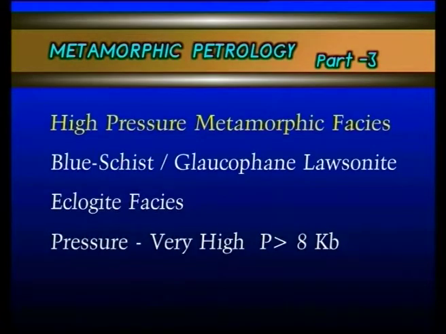And last is high pressure metamorphic facies, and in these facies normally we can find two facies. These are the blueschist facies, that is glaucophane lawsonite facies, and eclogite facies, and particularly in these facies pressure is normally very high, even more than 8 kilobar. So this classification was given by Turner and Verhoogen.